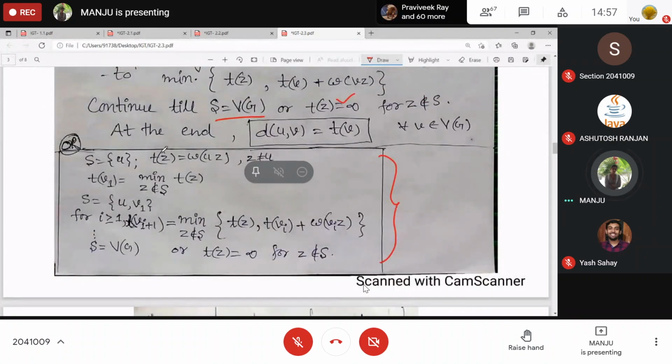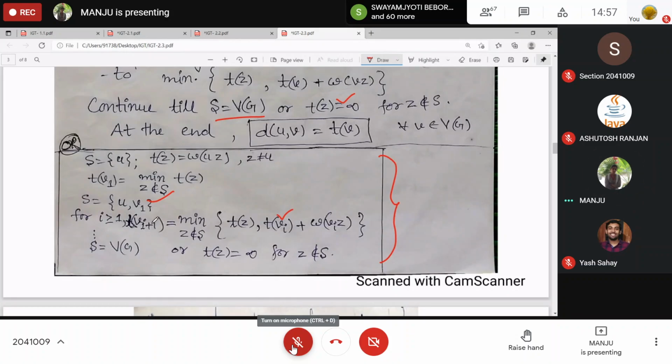Start with u. Tz denotes all the direct edges, right? Weight of u to z, and if there is no direct edge we will take infinite, right? And the minimum of all these will be v1, right? The minimum enters S, then explore from v1. Okay, so Tv1 is whatever it is, first v1.